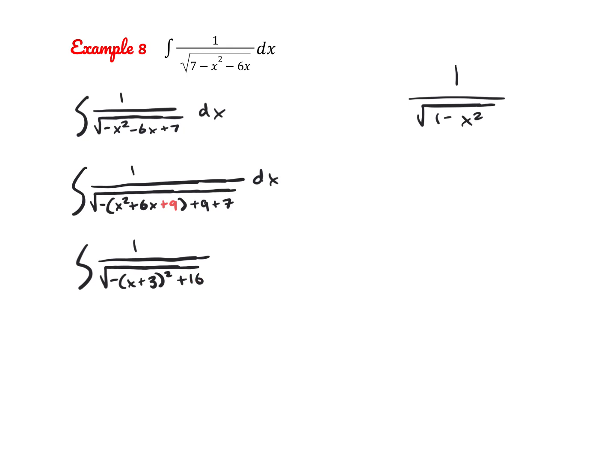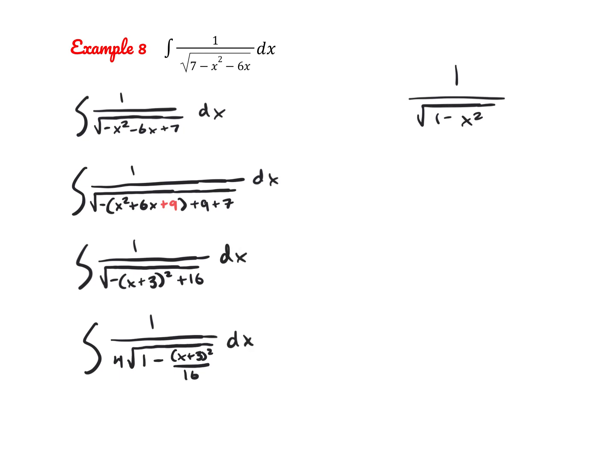Let's imagine I factor the 16 out. If I do that from within, that 16 turns into a 4 out front, and then on the inside, I would have 1 minus x plus 3 squared over 16 dx.